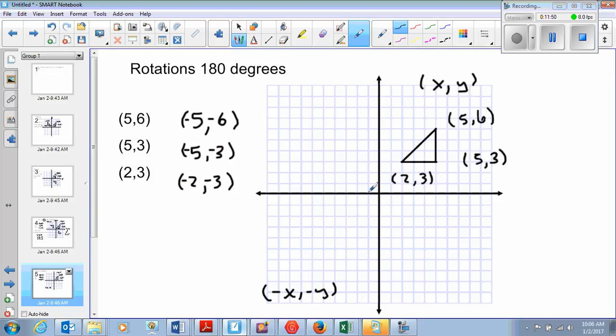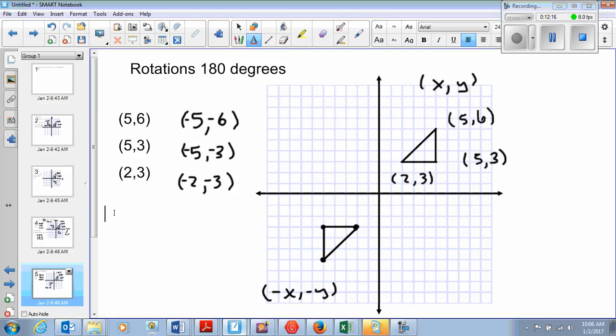Let's see what we get here. We have (-2, -3), so right there. We have (-5, -3), and then we had (-5, -6). So there is our new image. It's been rotated 180 degrees, and it doesn't matter whether we're going clockwise or counterclockwise, it still should be the same thing.